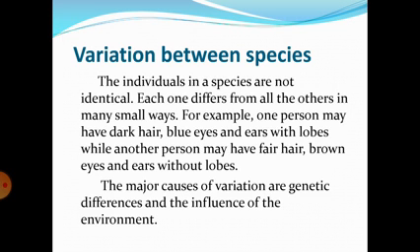We have algae, liverworts and mosses, ferns, conifers, and flowering plants. Then we looked at variation as the differences that exist between organisms of the same species, and we said that the 2 major causes of variation are genetic differences and influence of the environment.